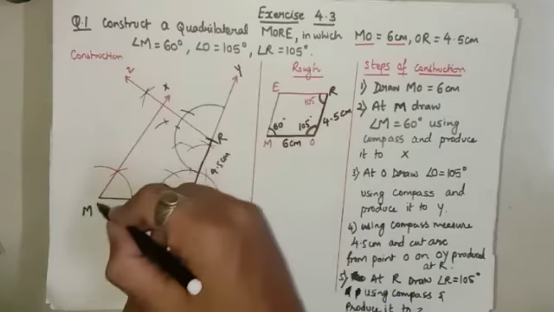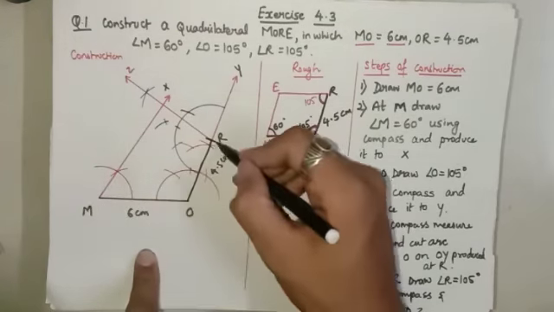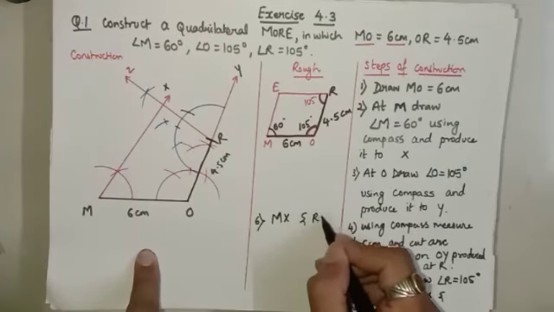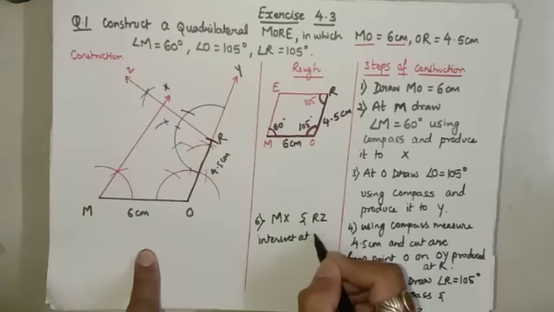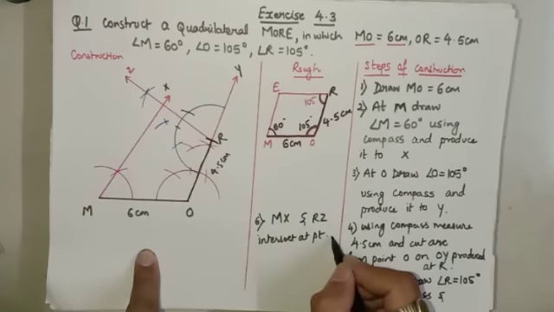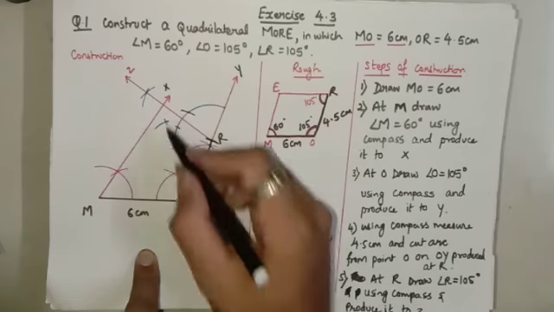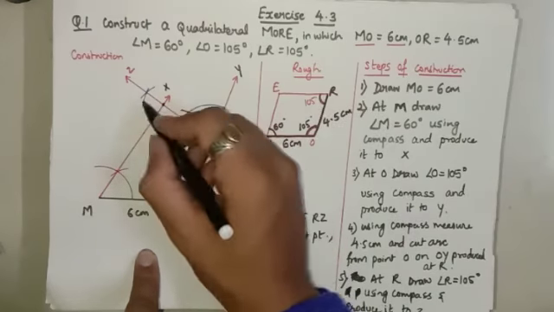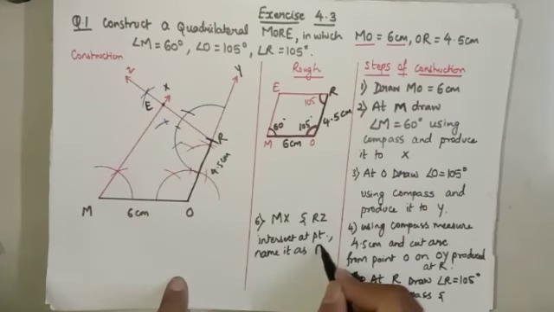See, RZ and MX, or I can write MX and RZ intersect at a point, comma, name the point of intersection as E. This is the point of intersection which I named as E.